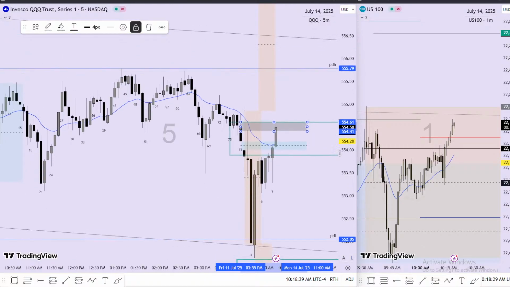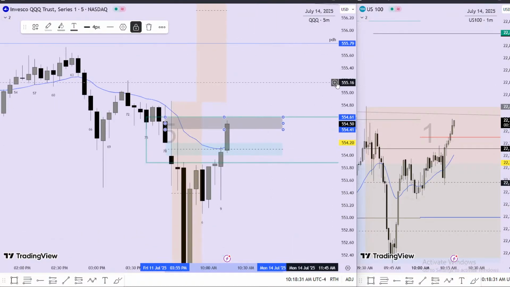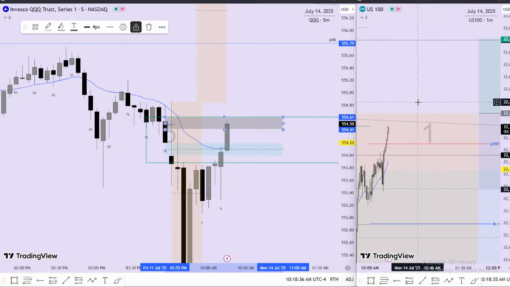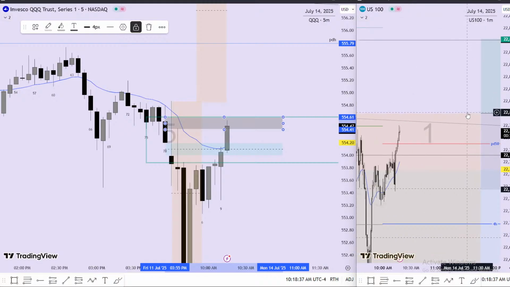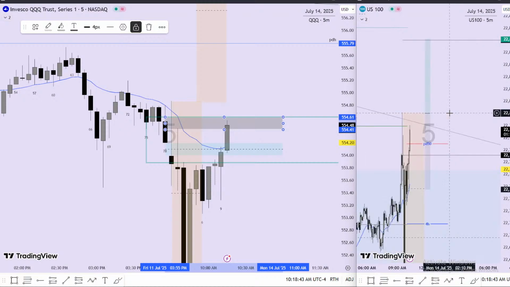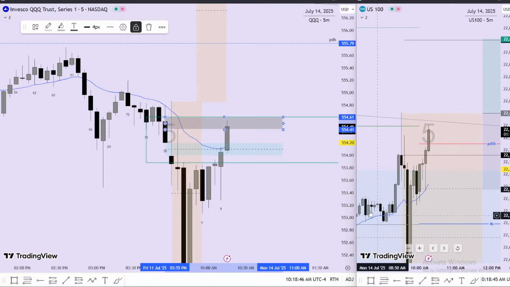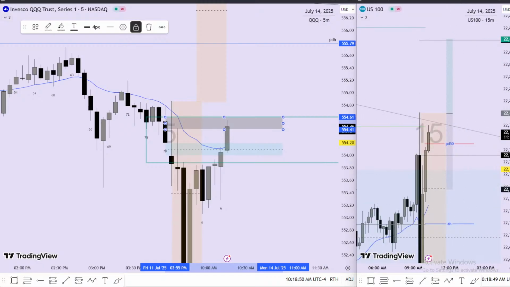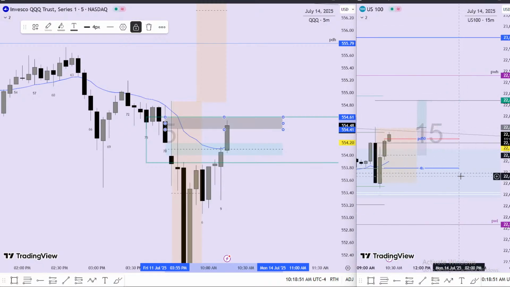That will make it clearly bullish. On a 5 minutes, we are riding the 20 period moving average. On a 15 minutes, we still are riding the 20 period moving average.